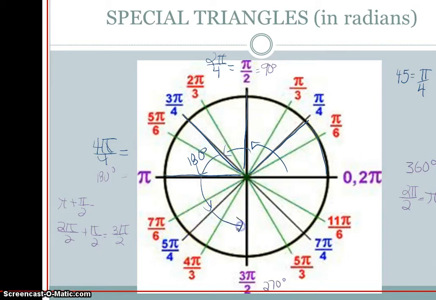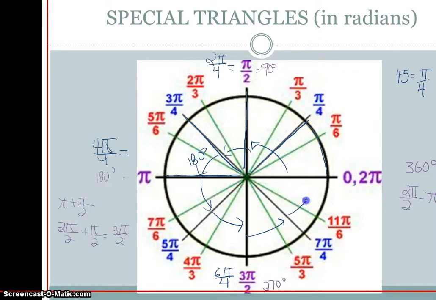Add another pi over 4, we get 6 pi over 4. However, what we have down here is 3 pi over 2, and we see if we can reduce each of them by 2. So 6 divided by 2 is 3, and then 4 divided by 2 is 2. So 3 pi over 2 is the equivalent. Add another pi over 4, we get 7 pi over 4.